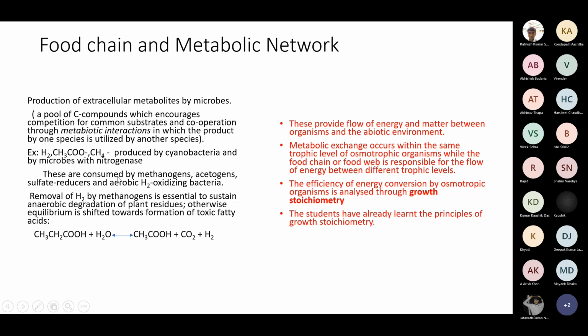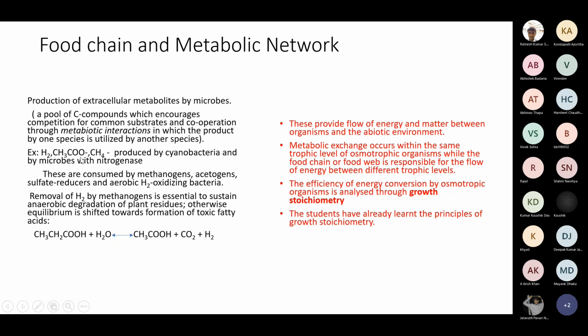Now, I have just cited an example here. For example, the cyanobacteria, which are photosynthetic microorganisms, and other bacteria, which are nitrogen fixing bacteria, produce molecular hydrogen, acetate, and they can also produce methane. For example, cyanobacteria can produce hydrogen, and also acetic acid.